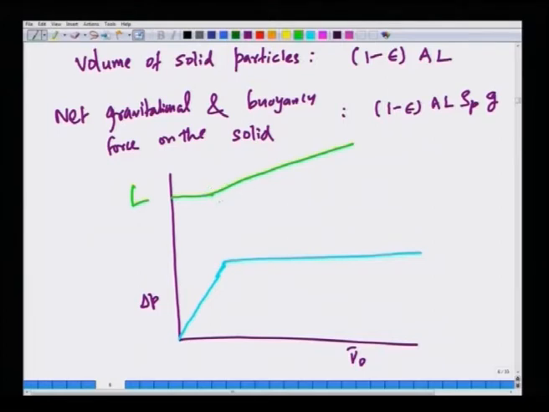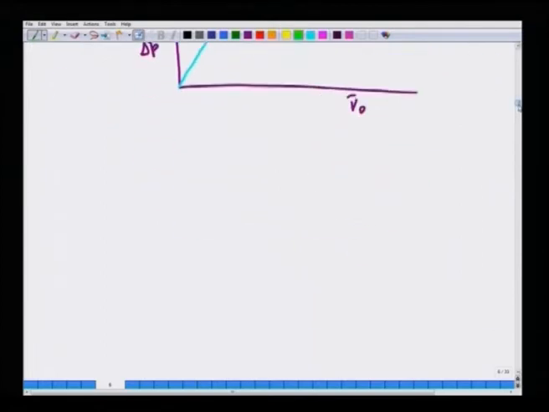So, essentially at the point when the delta p stops increasing and becomes a constant plateau, the length of the bed will start expanding. So, we are interested in finding what this onset point is, that is all we are interested in at this moment.